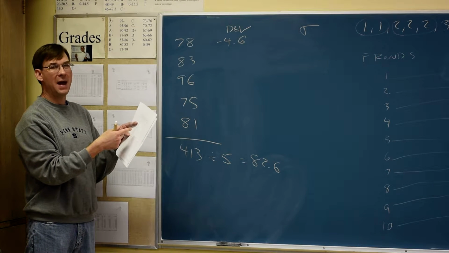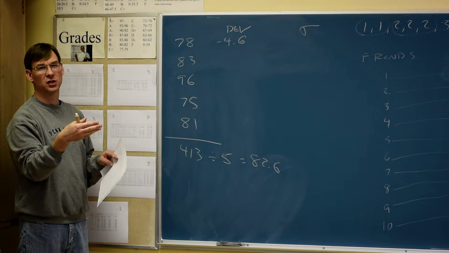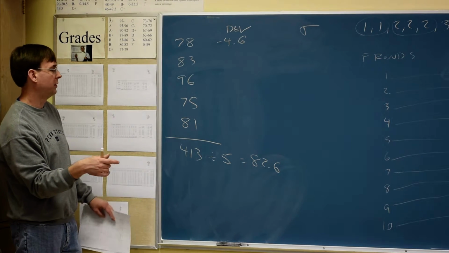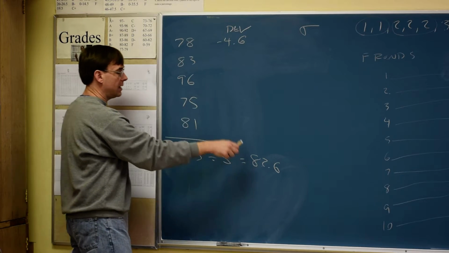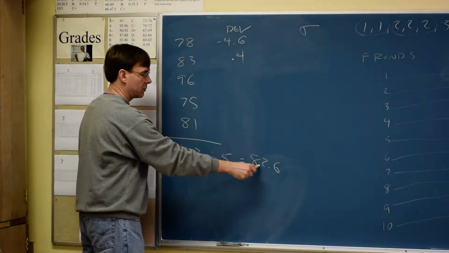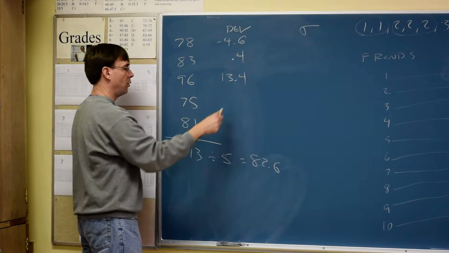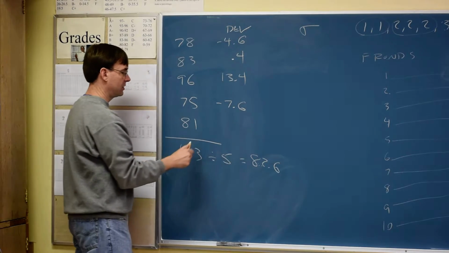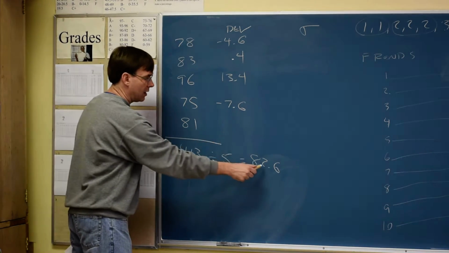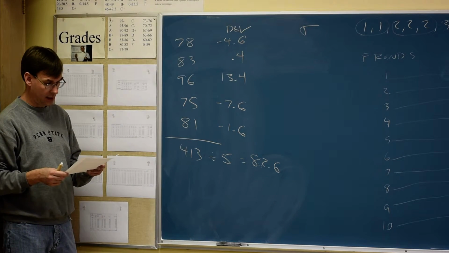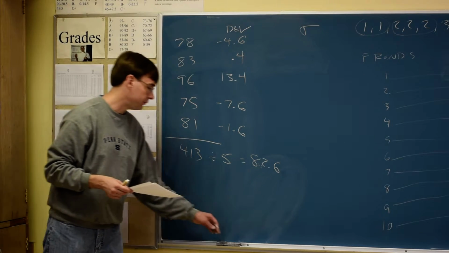It doesn't really matter though, because the next step we're going to square them, and squaring is going to make them positive, so that's not a crucial detail. 83 subtract the mean is 0.4. 96 subtract the mean, that's 13.4. 75 subtract the mean, that's negative 7.6. 81 subtract the mean, that's negative 1.6. And those are our deviations.